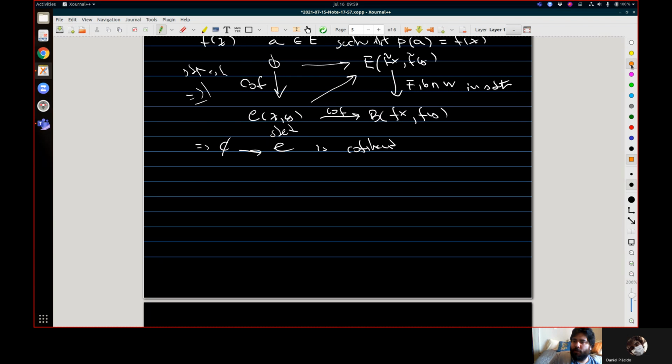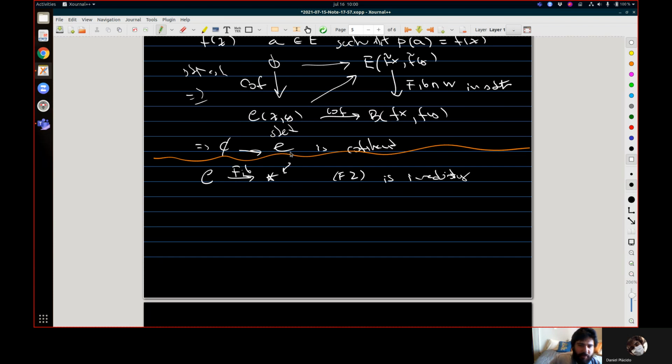So fibrant objects. An object C is fibrant if this morphism here is a fibration. Thus, by definition, first note that F2 is satisfied immediately.